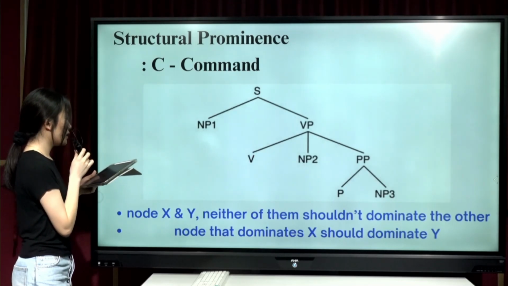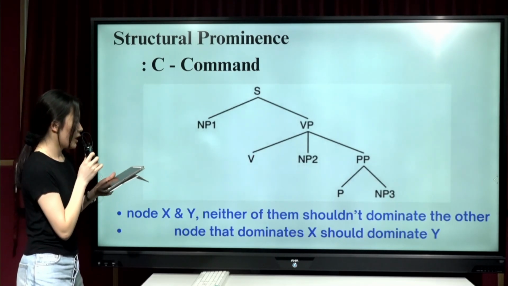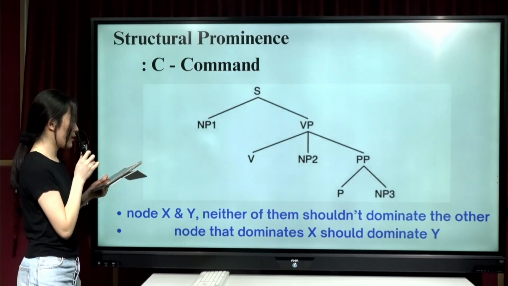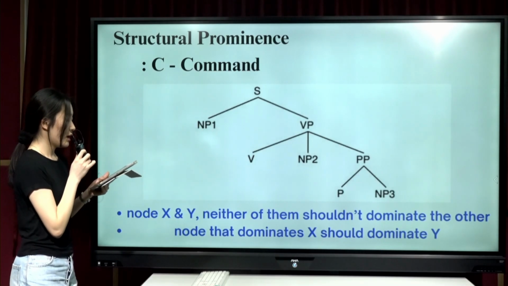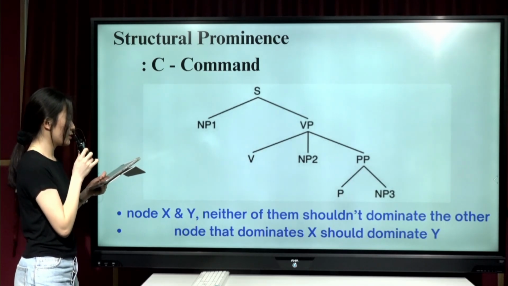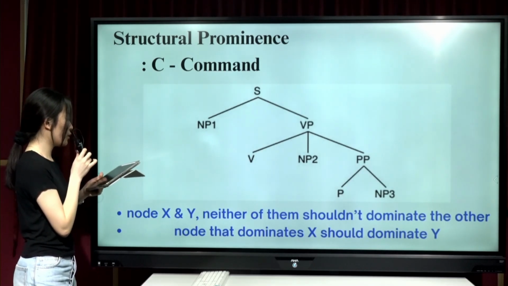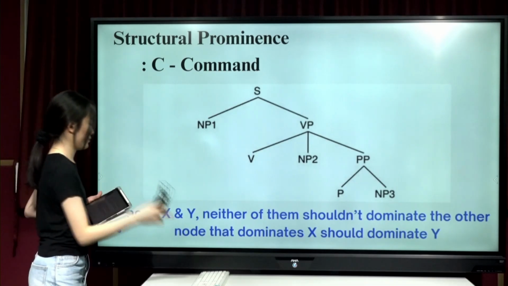To put it in order, one node has prominence over the other when they don't dominate each other, and the first branching node that dominates one should also dominate the other.